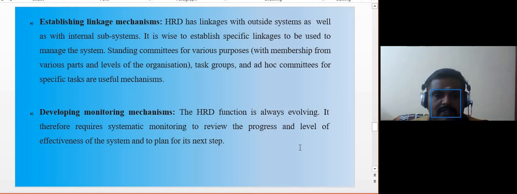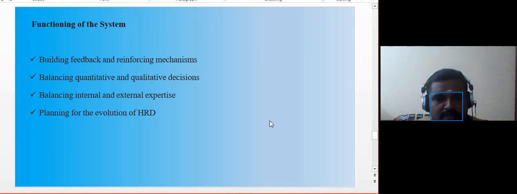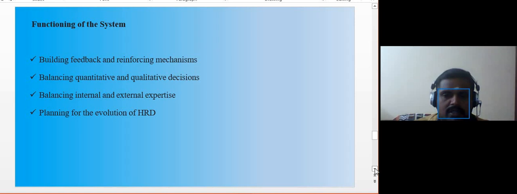It therefore requires systematic monitoring to review the progress and level of effectiveness of the system and to plan for its next step. The functioning of the system includes building feedback and reinforcing mechanisms, balancing quantitative and qualitative decisions, balancing internal and external expertise, and planning for the evaluation of human resource development.